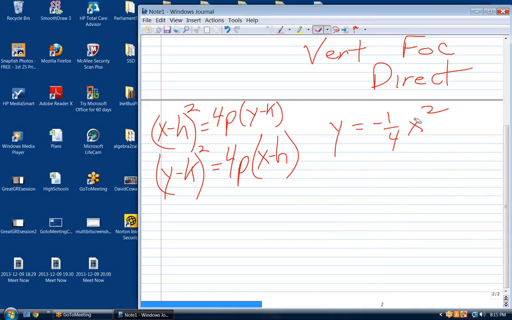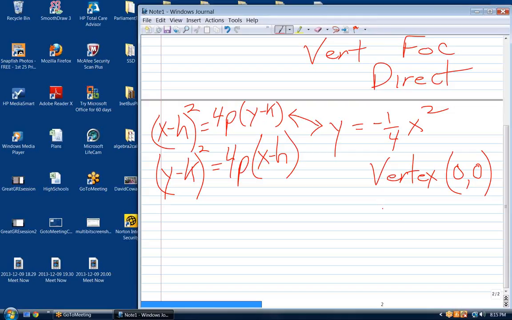Okay? So we are going to attach it to that format right there. What is the vertex? Would be 0, 0. In other words, both h and k are 0.